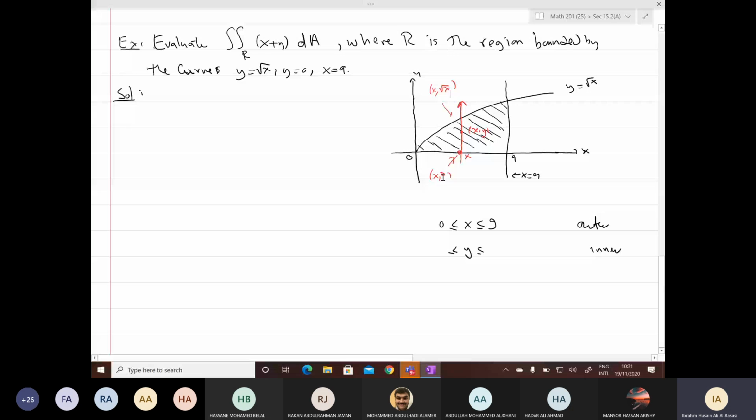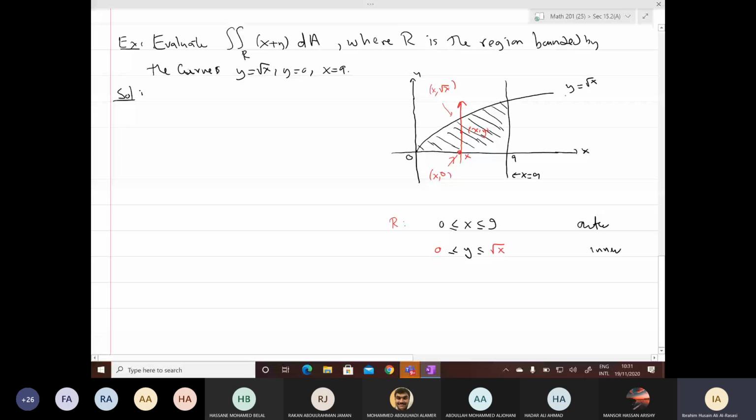Geometrically, y will go from the lower curve, y equals 0, to the upper curve, y equals root x. This is the description of R. So the description of the region gives us the limits.